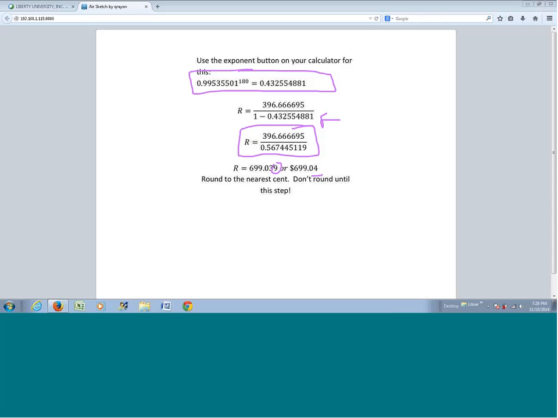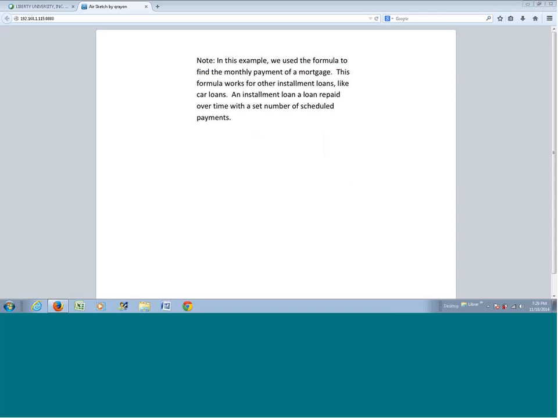This formula, I just want to note that we used it to find the monthly payment of a mortgage. But this works for other installment loans as well, like car loans. An installment loan is a loan that's repaid over time with a set number of scheduled payments. If you have a car loan, you might have it for 4 years, and these are the payments that you make every month.